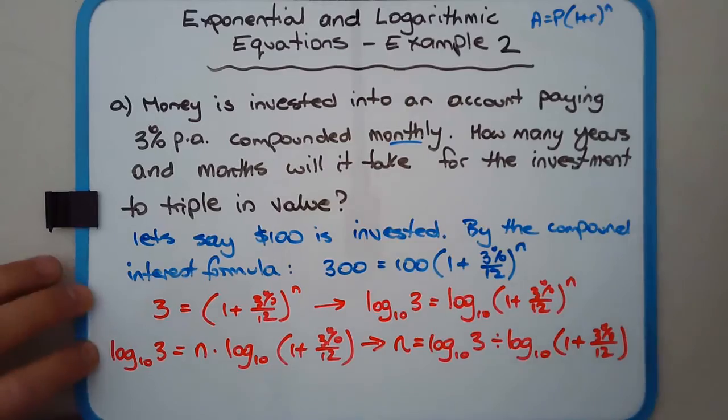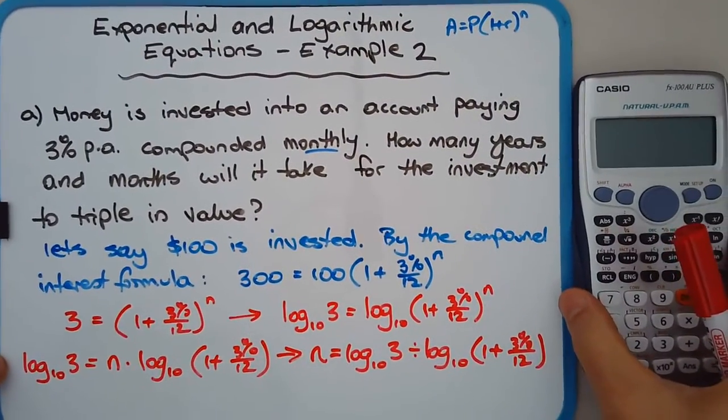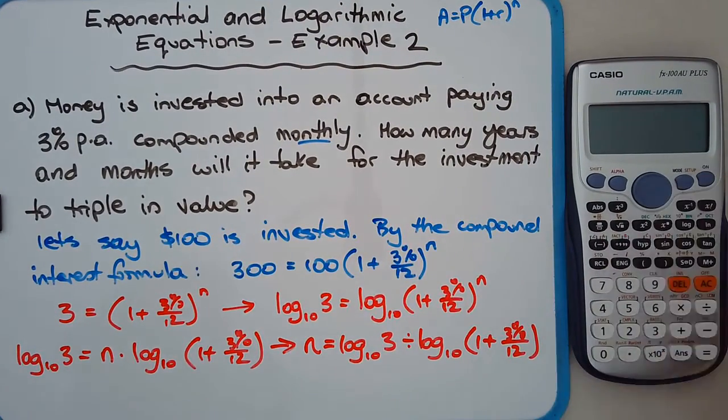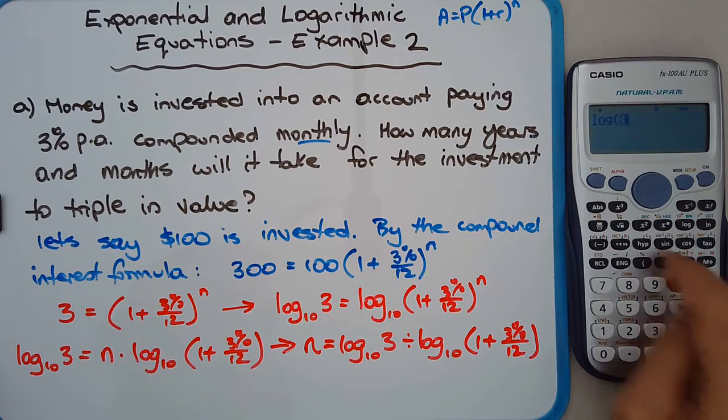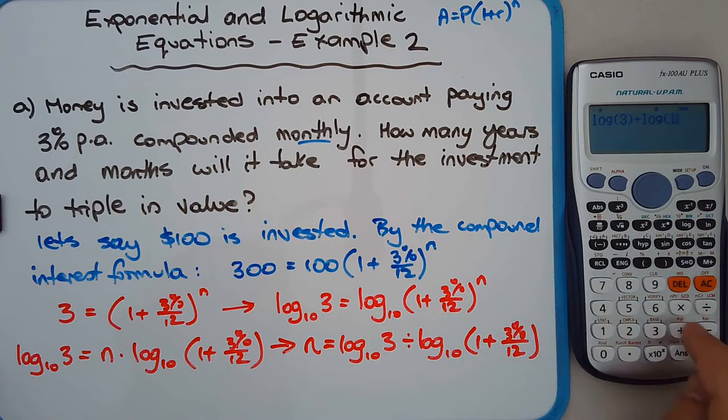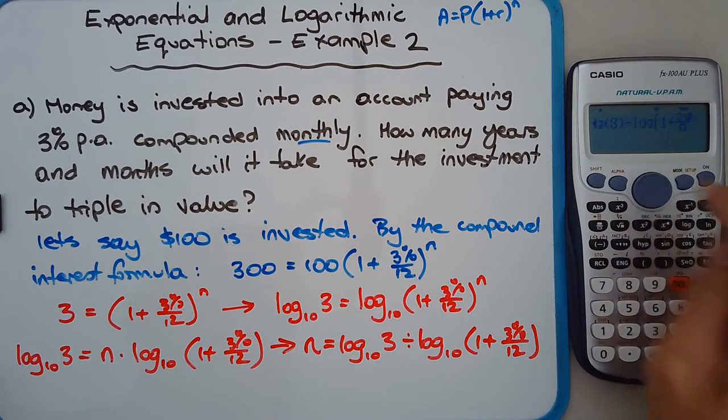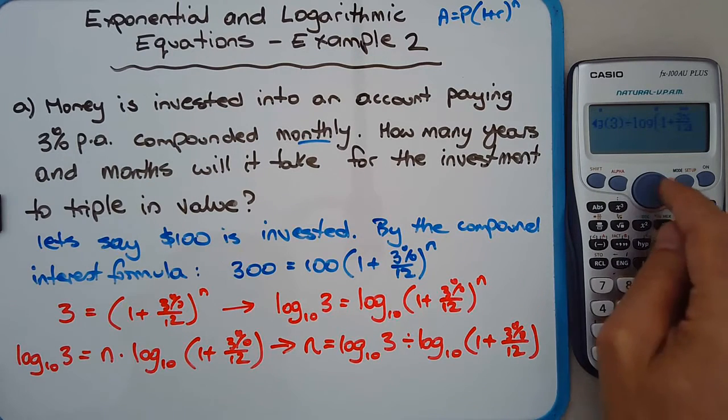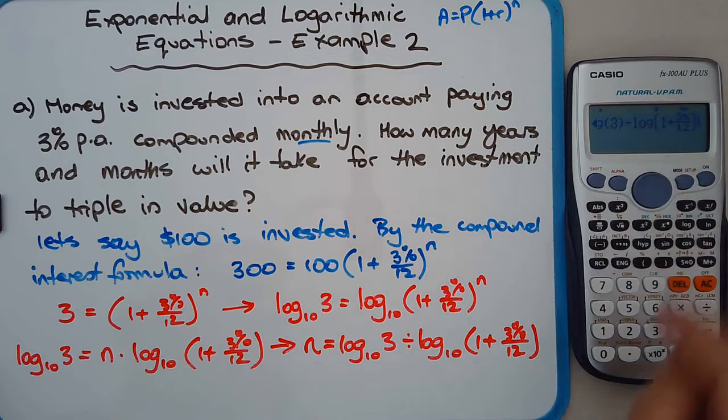Let's enter that in the calculator and see what we get. Log base 10 of 3 divided by log base 10 of 1 plus 3%. That's the great thing about these calculators: you can directly enter these percentages.